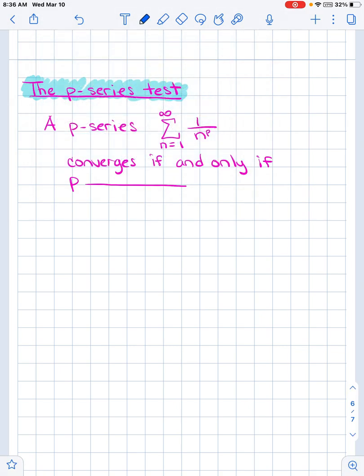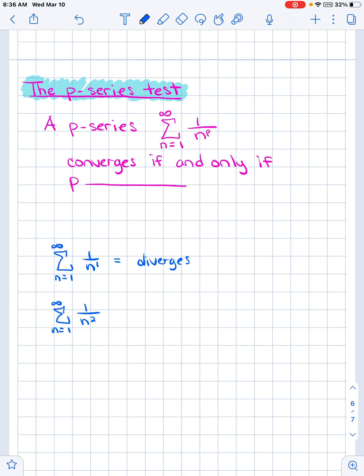So what I want you to think about is, in what situation would a p-series converge? What would p have to be equal to in order to make every p-series converge? So we've looked at a couple examples. 1 over n, we know that this diverges. So in this case, p is equal to 1.